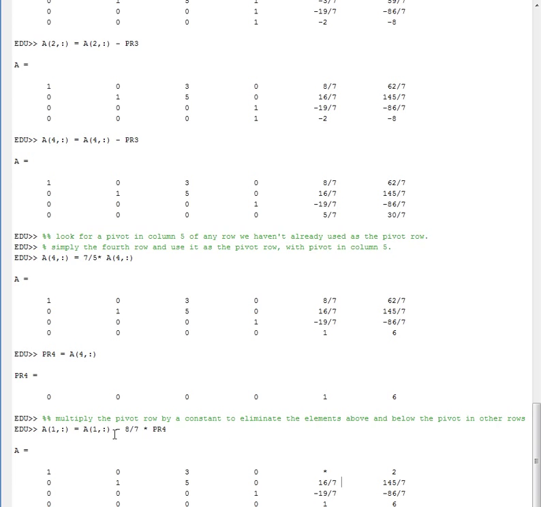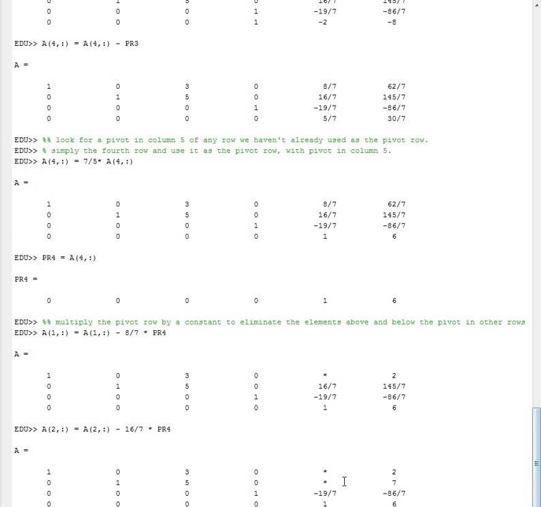So what we did to get a 0 here is take the first row, subtract off the pivot row divided by 7/8. And this turns out to be a nice number, which is pleasantly surprising. Okay, we're going to repeat for row 2. Again, this is a 0, but due to display of fractions, it shows up as a star.